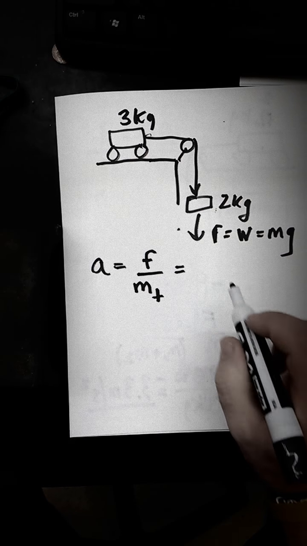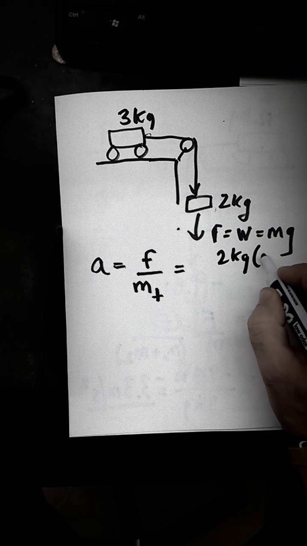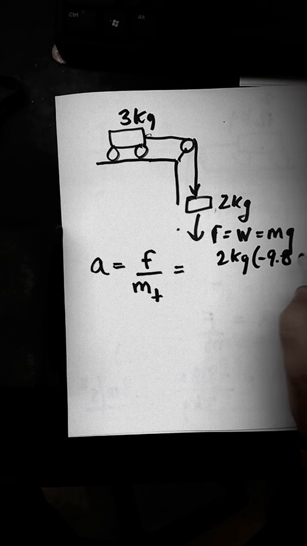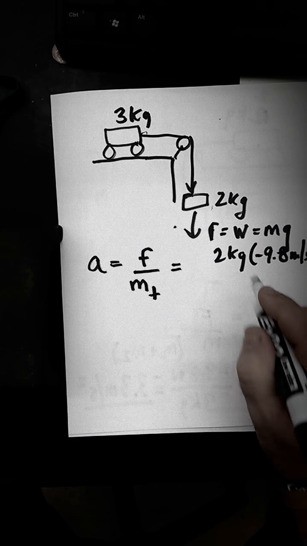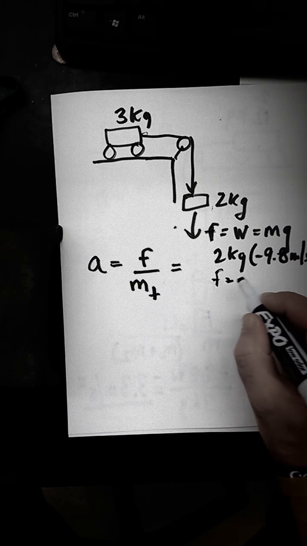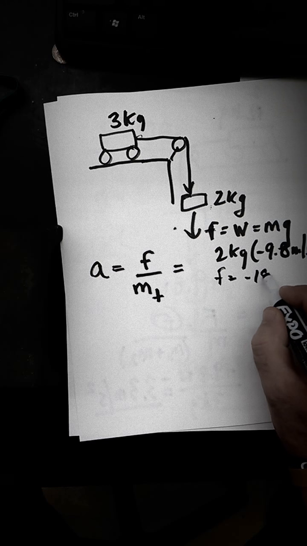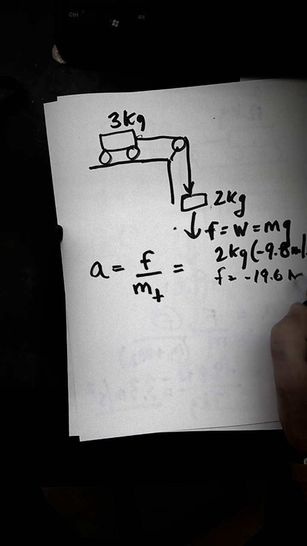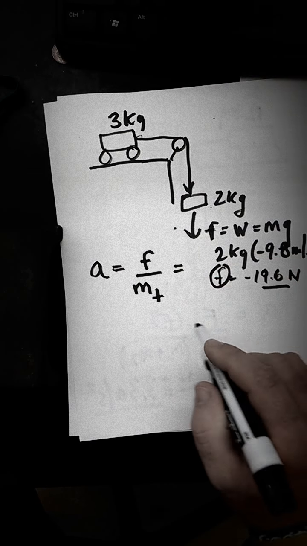This mass times gravity, so 2 kilograms times negative 9.8 meters per second squared. So the force pulling down is equal to negative 19.6 newtons. Okay, so we found the force. Not a big deal. That's the force pulling this thing down.